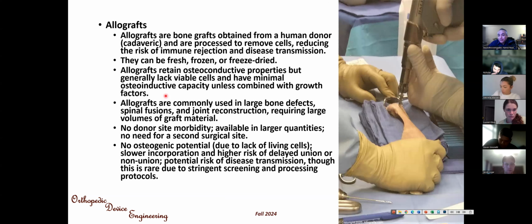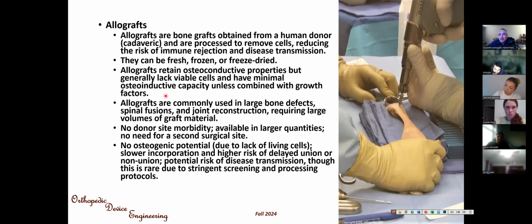So we can use it easily. The source is unlimited. You can use as much as you want. You can use any shape you want, but they don't have any living cells. So they have no osteogenic property, so they cannot produce new bone for you.